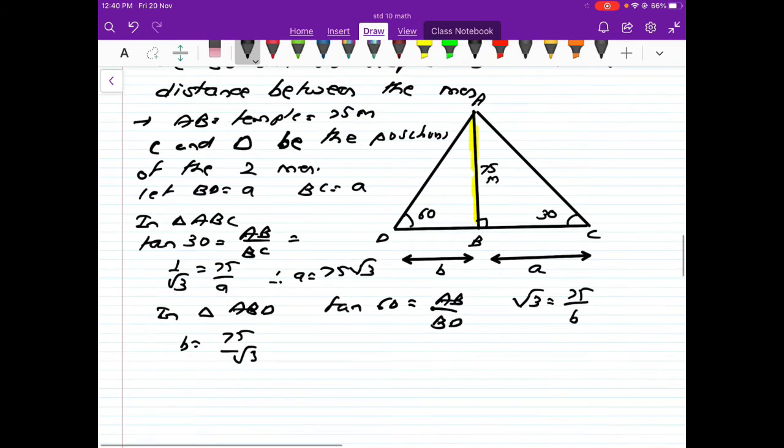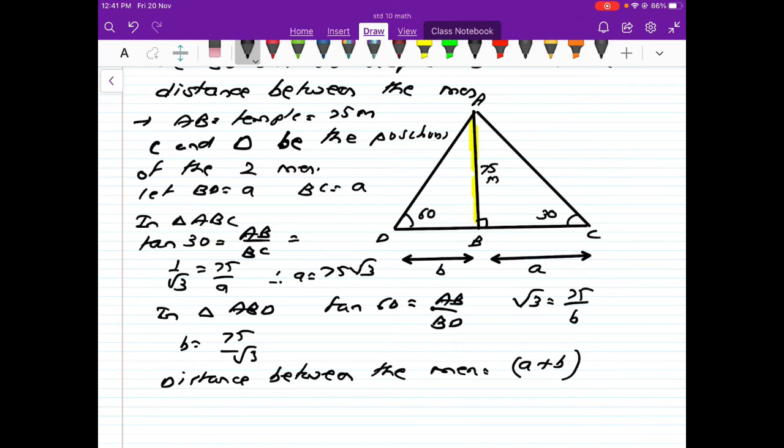Now if you want to find the distance between the men, the distance is equal to A plus B. So we will add 75 root 3 plus 75 upon root 3. We can do it by another method also. This 75 root 3 we can keep as such.